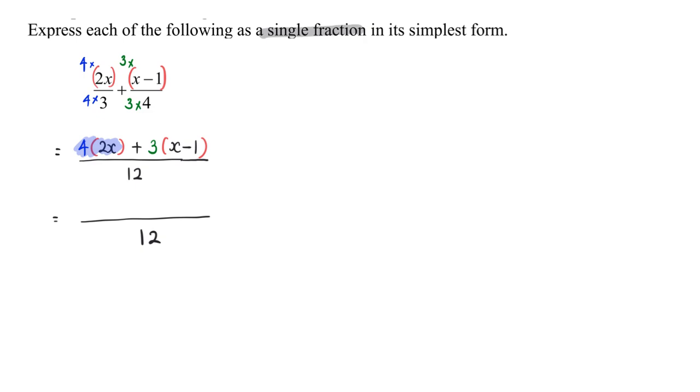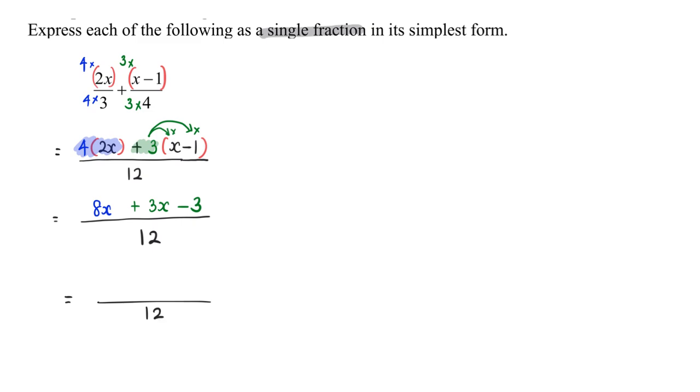4 times 2x, this will give me 8x. And this is positive 3, multiplied by 3x will give me positive 3x. Positive 3 multiplied by negative 1 will give me negative 3. And so, the final answer, whole thing is still over 12.